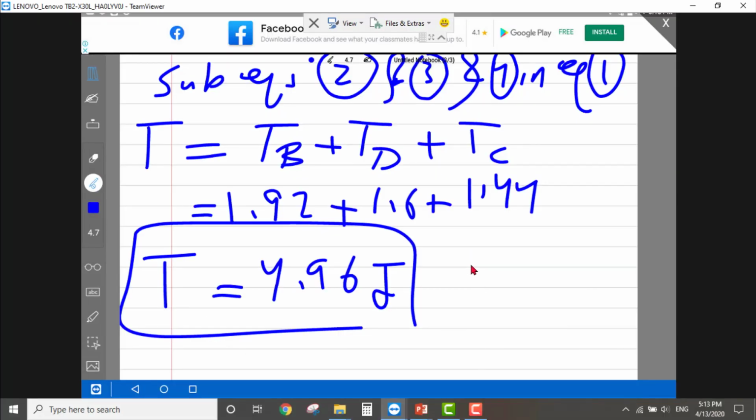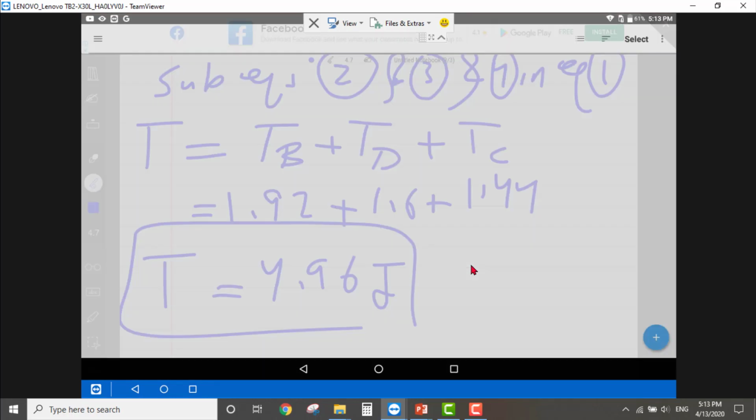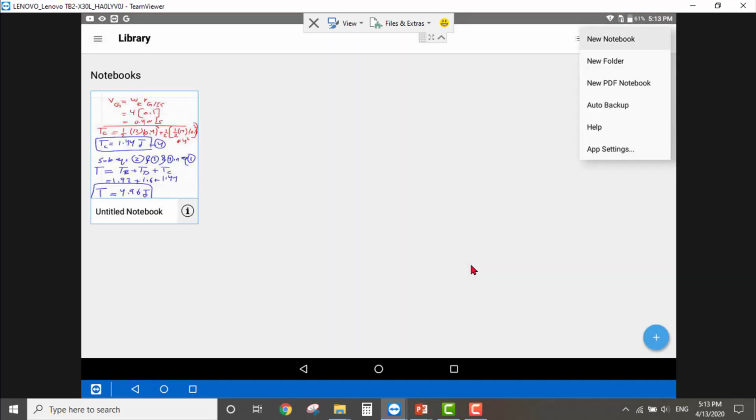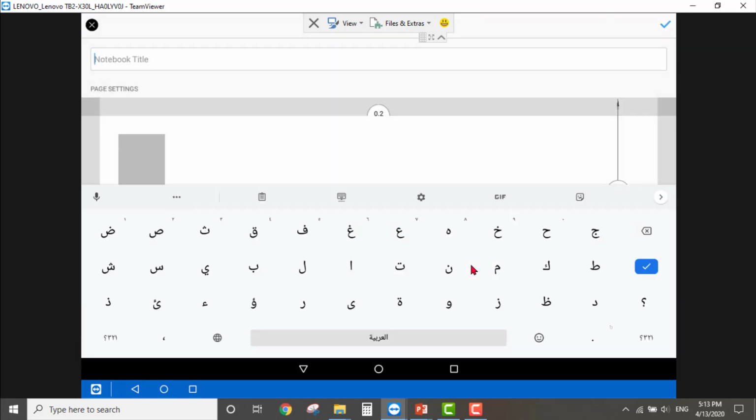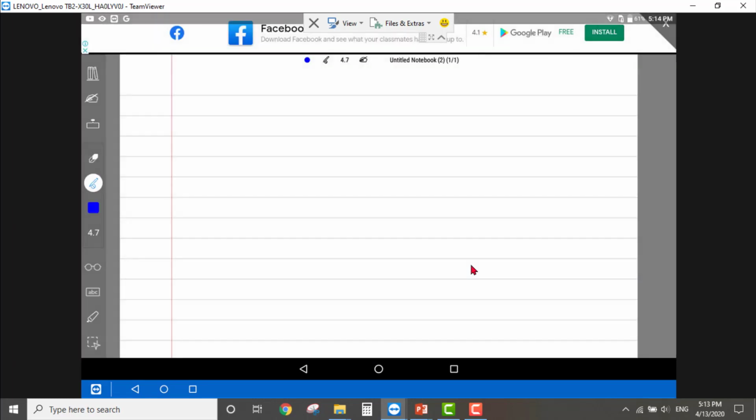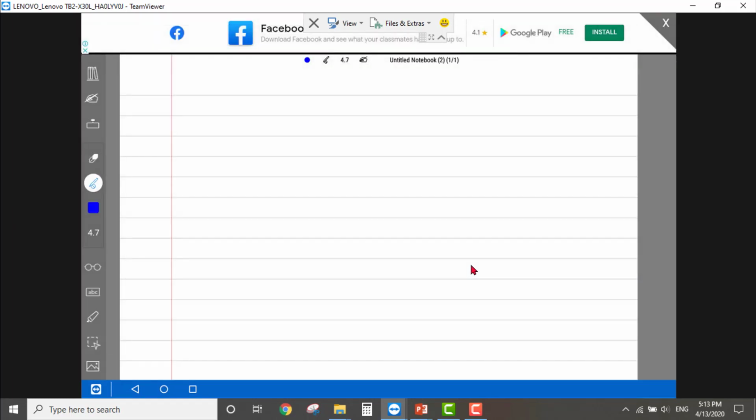Let me open a new page or a new document. Okay, and let me draw the free body diagram first. So here is the drawing. Before we go to state 1 and state 2, let me first see what the forces affecting this rod are.